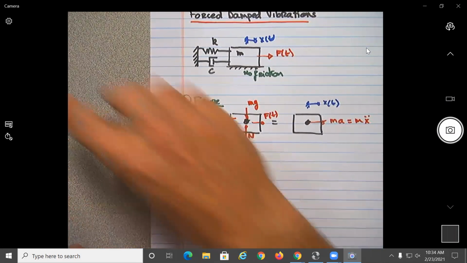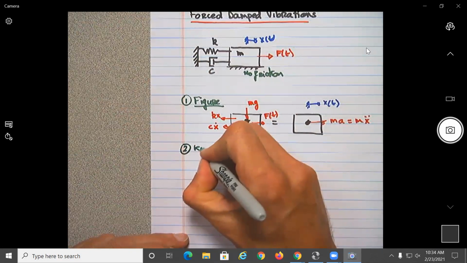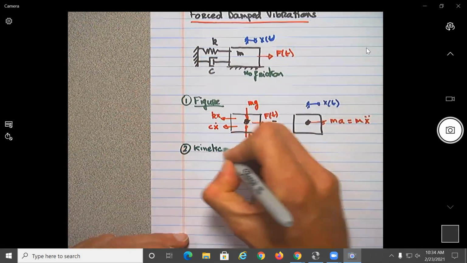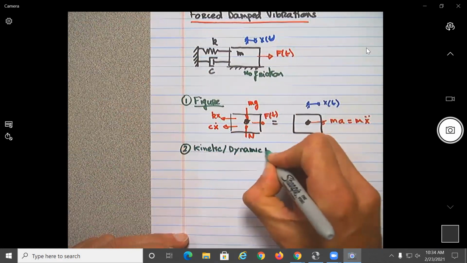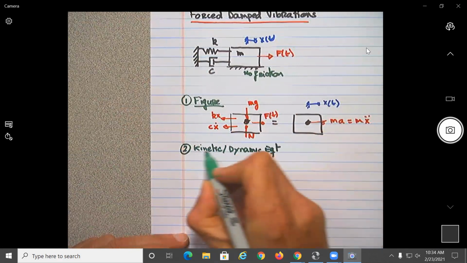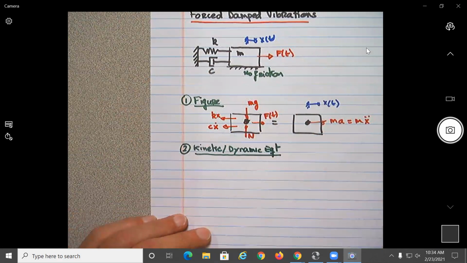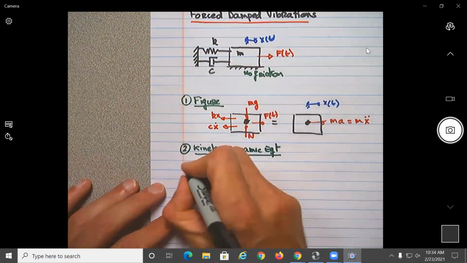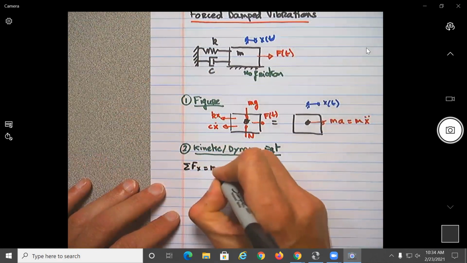What is step two? You write down the kinetic equation or the dynamic equation. In this case, the system is only moving in the x direction, so that's the only one we need. We're going to do the summation in the x direction equal to max.